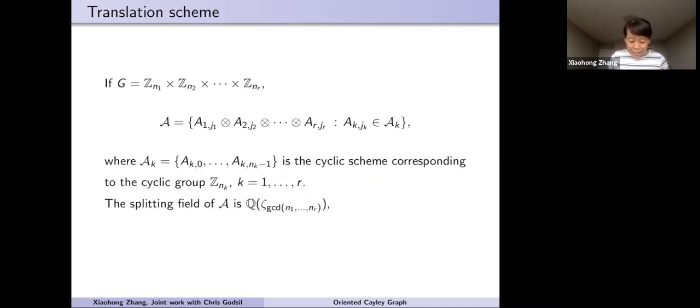We can check the splitting field again. We need to check all the subscripts Ni and take the GCD, and that gives us the splitting field. The current field is still the rational field Q.